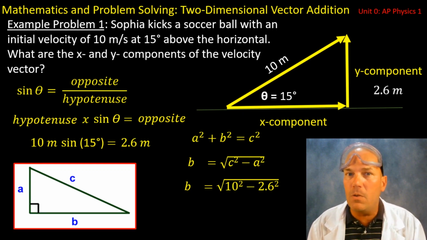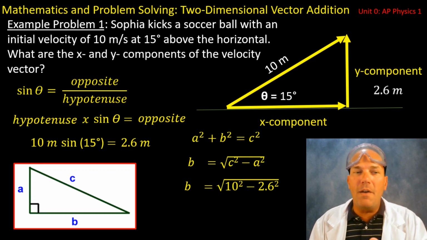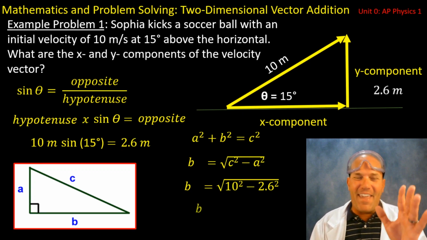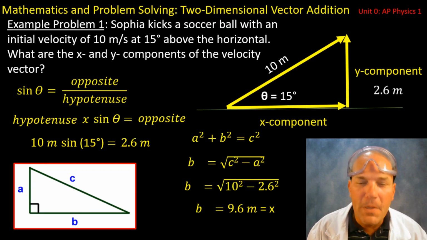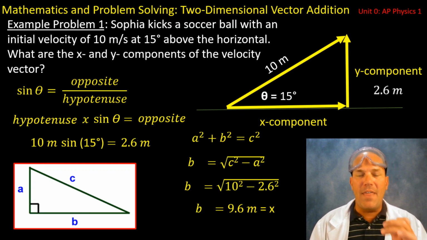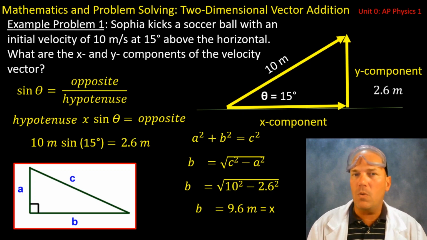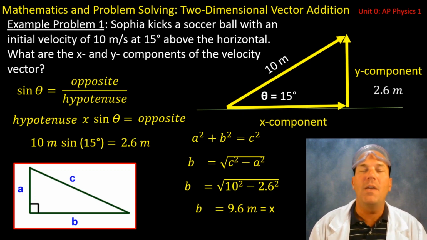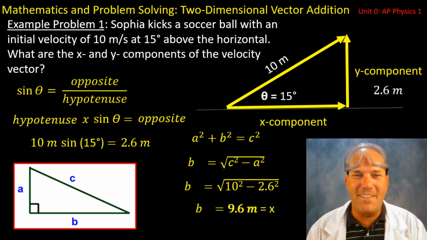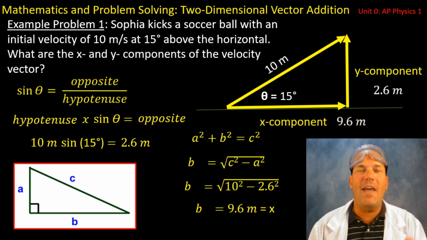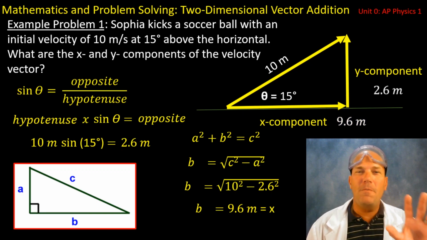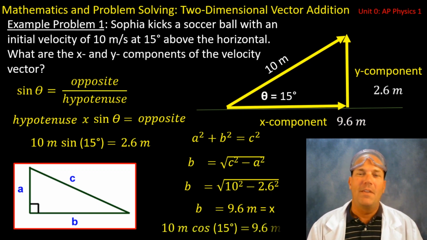That was the vertical or y component of the velocity vector. And we can solve for b to be equal to 9.6 meters. And that is the x or horizontal component of the velocity vector. So now we've solved for both the x and y components for this soccer ball.